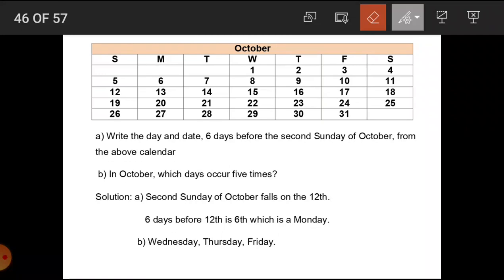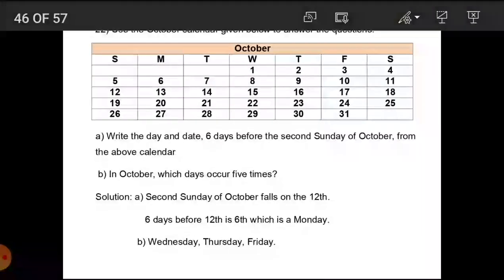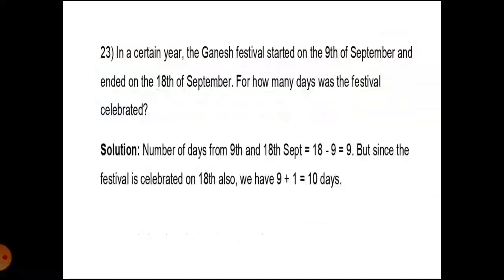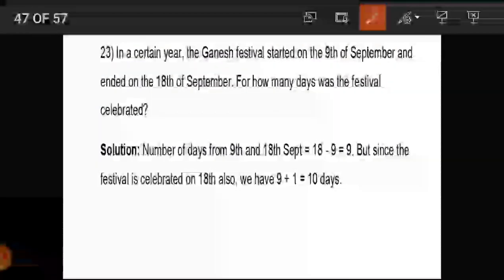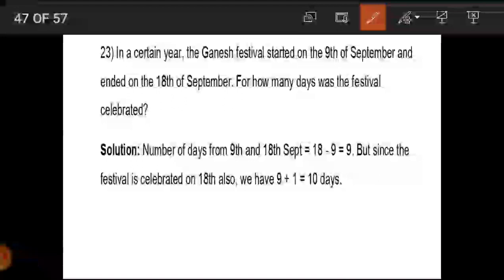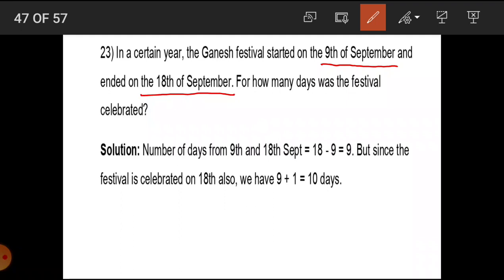Now coming to next, let us see the next sum. The next sum given to us is: in a certain year, the Ganesh festival starts on 9th of September and ends on 18th of September. For how many days was the festival celebrated?